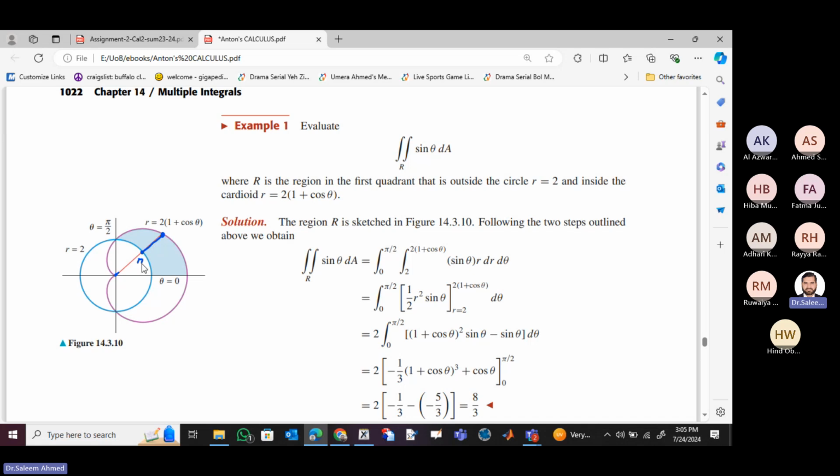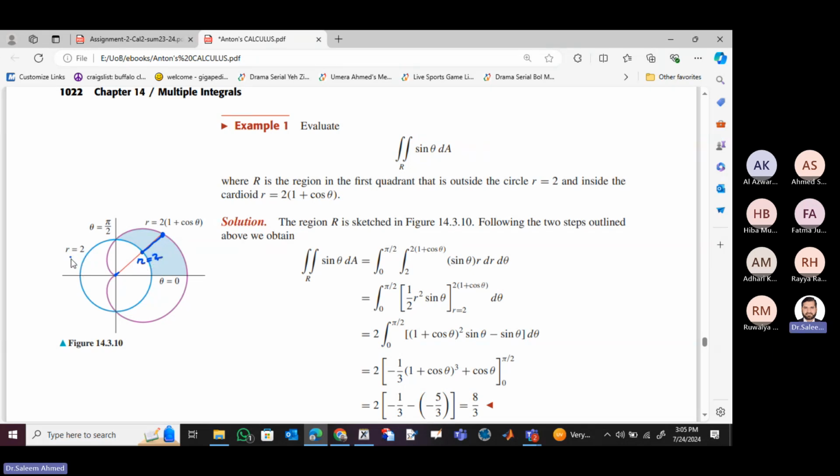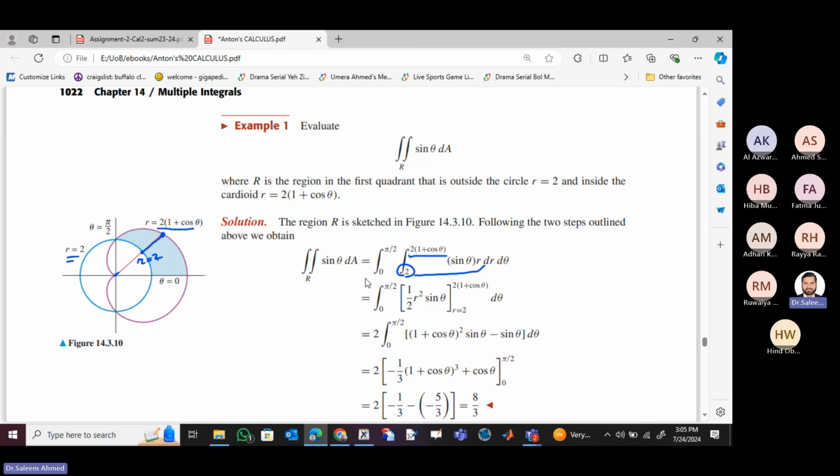So this inside curve is r is equal to 2. R is equal to 2 is this blue circle and outside curve is this one, cardioid. So you see my limits of r goes from 2 to 1 plus cos theta. These are the limits of r.